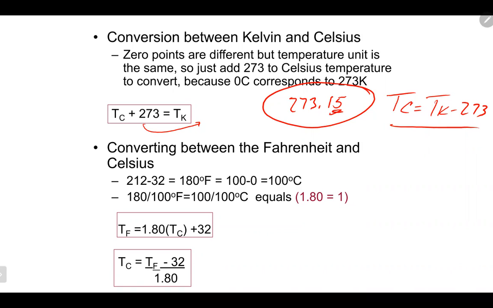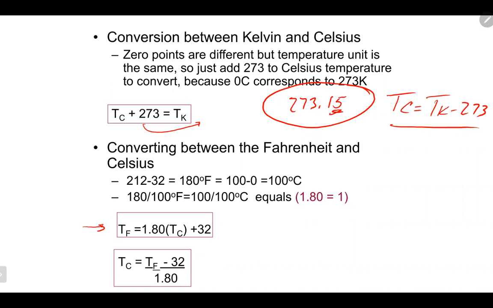A couple others that we really don't use all that much outside of chapter 2 is going from Celsius to Fahrenheit, and that would be here. The temperature in Fahrenheit is equal to 1.8 times the temperature in Celsius plus 32.